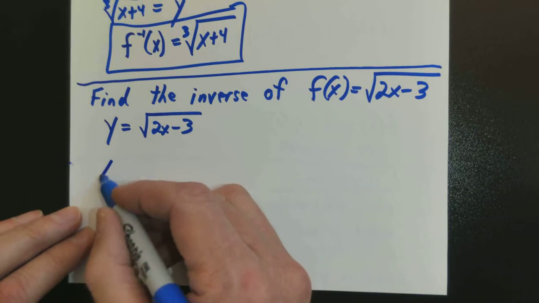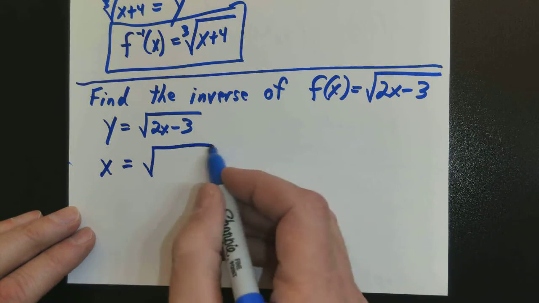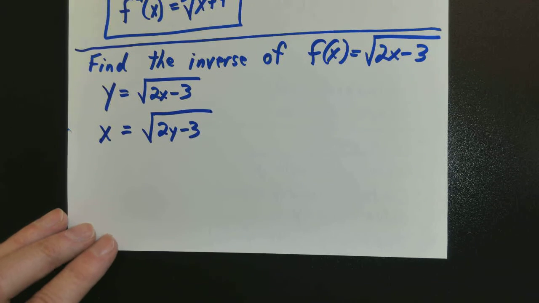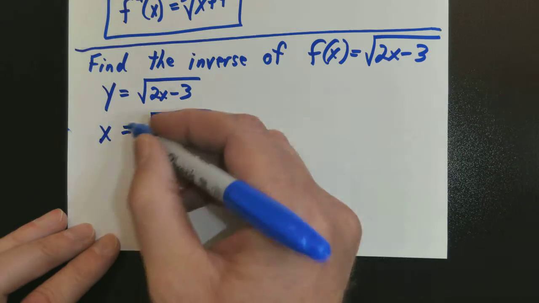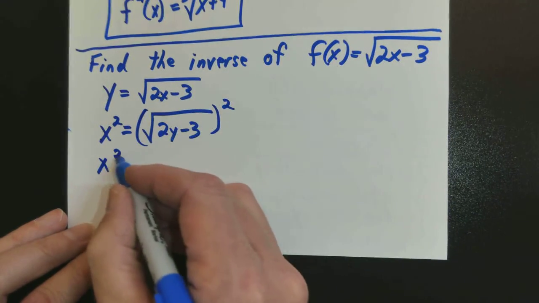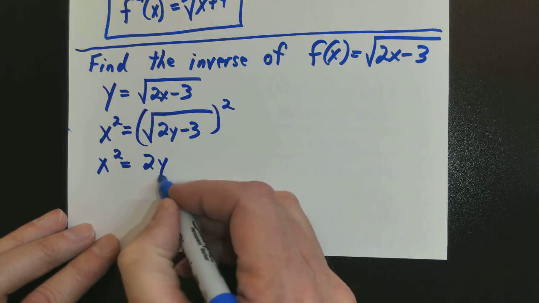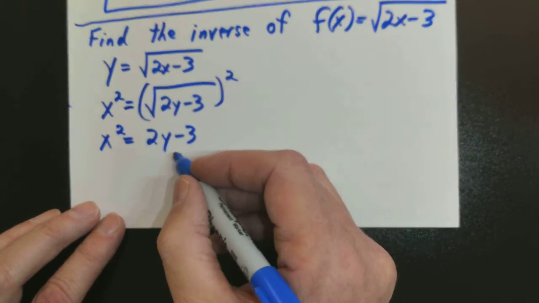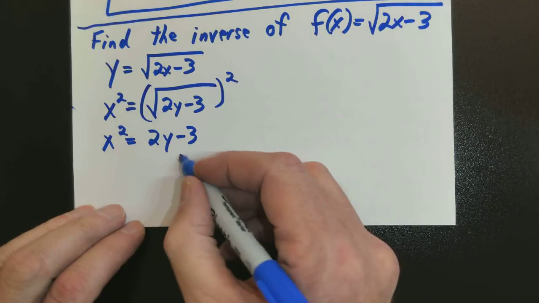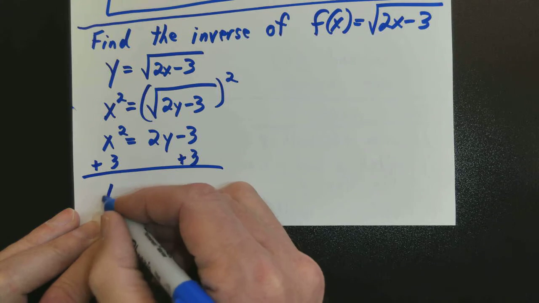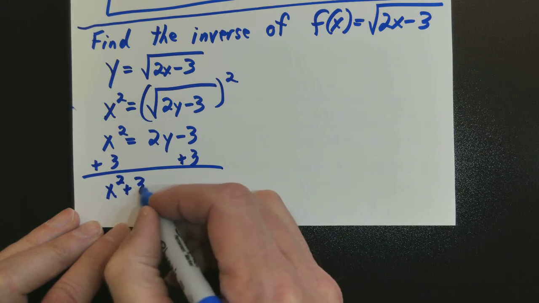Switch to x and y. Okay. Now what? Then you solve for y, so square it. All right, let's do that first. The reverse of order of operations, because we're solving.